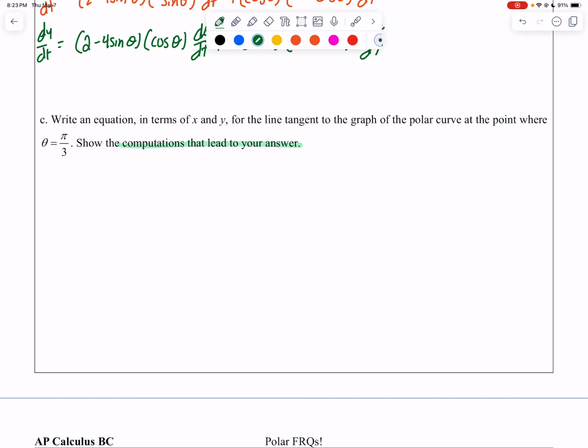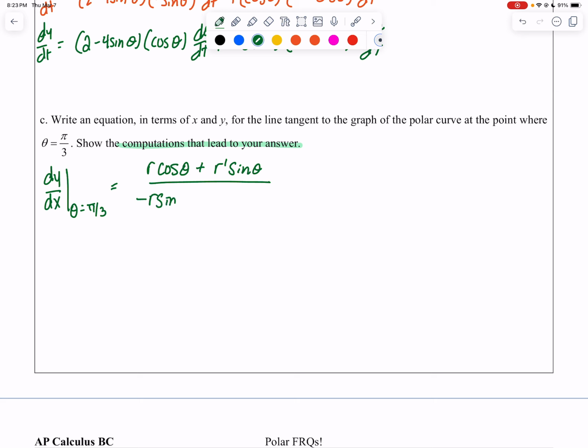So here, I want to find the slope. So I want dy dx, and that is going to be at pi over 3. Remember that dy dx is going to be the same thing as dy d theta over dx d theta. So looking at that, I am going to have r cosine of theta plus r prime sine of theta over negative r sine of theta plus r prime cosine of theta.